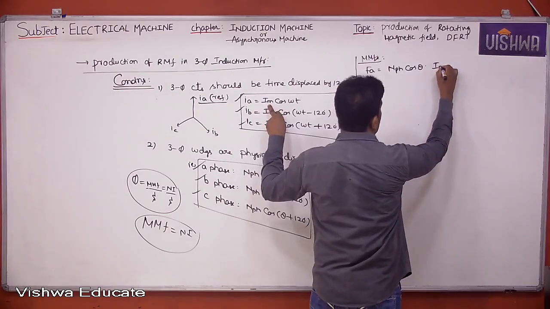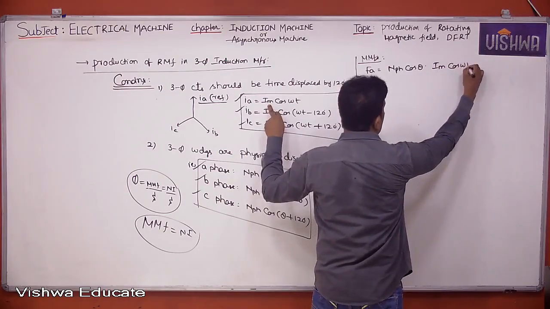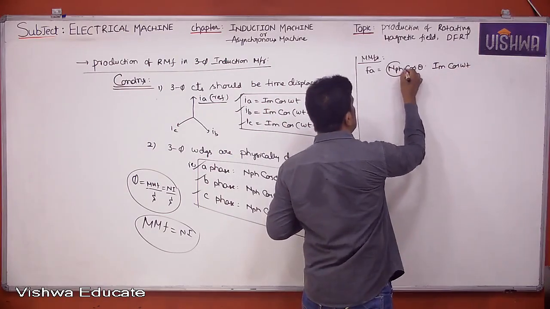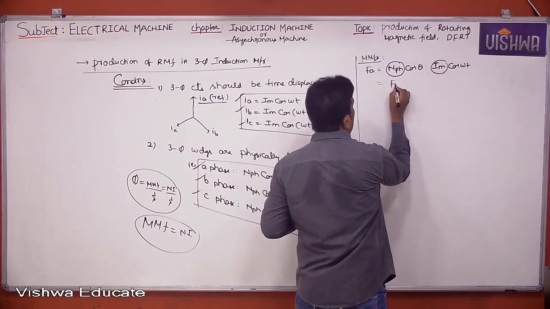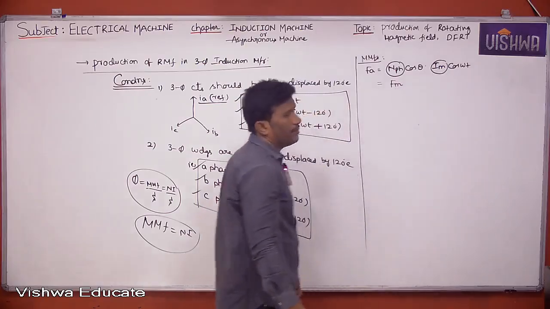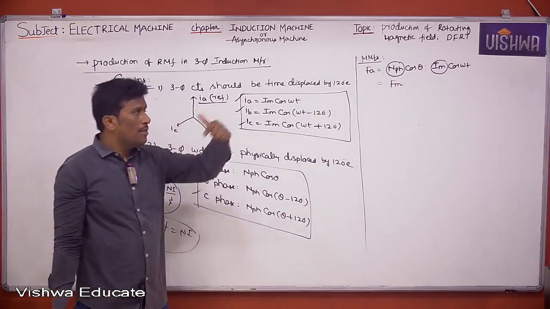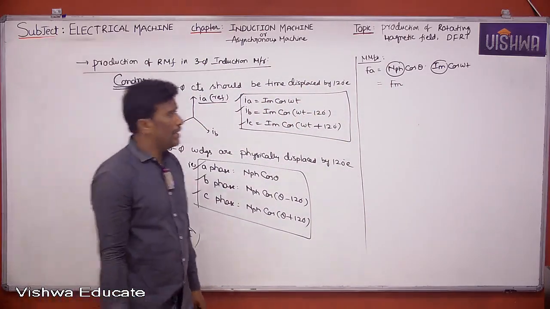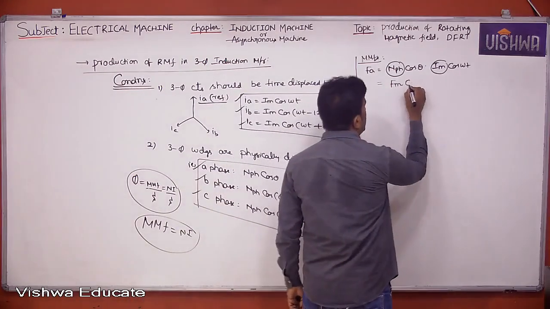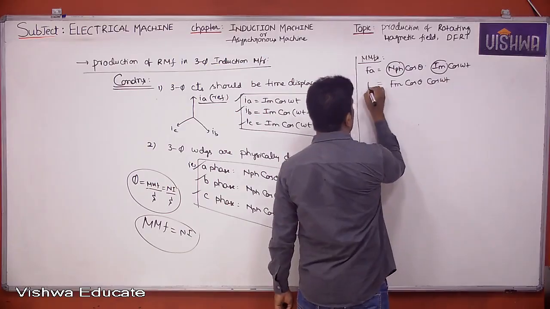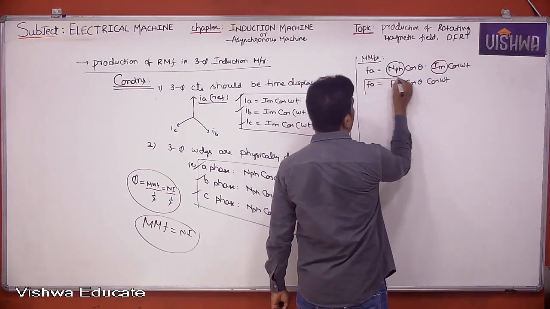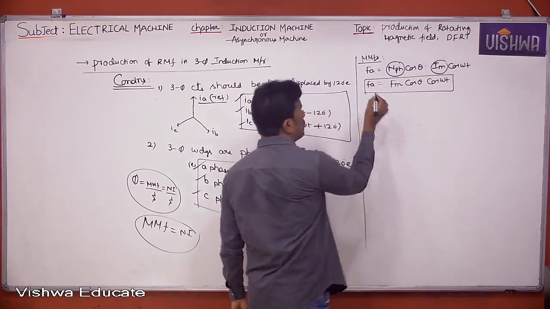I can write N phase into Im as the maximum value of your MMF, Fm. Fm means the maximum value of your MMF. Fm cos theta cos omega t. This is the formula for FA equals Fm cos theta cos omega t.